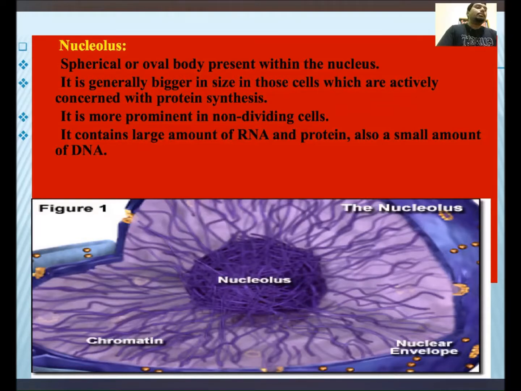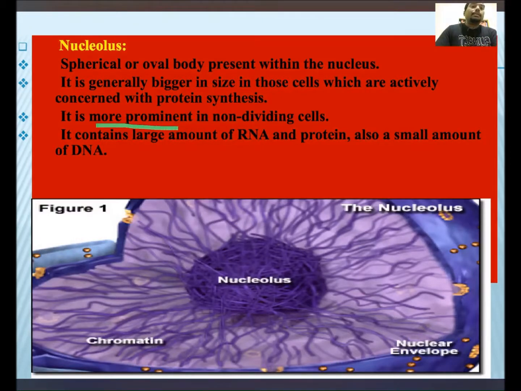Nucleolus is a spherical or oval body present within the nucleus. It is generally bigger in size in those cells which are actively concerned with protein synthesis, whose main function is protein synthesis; there the nucleolus will be bigger.